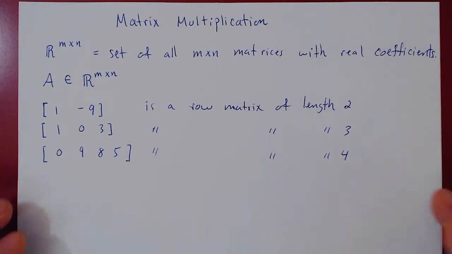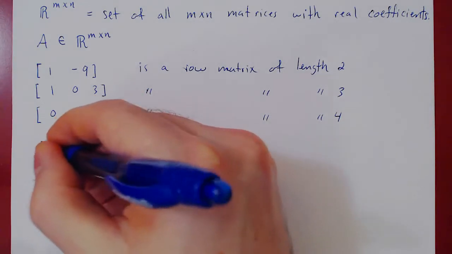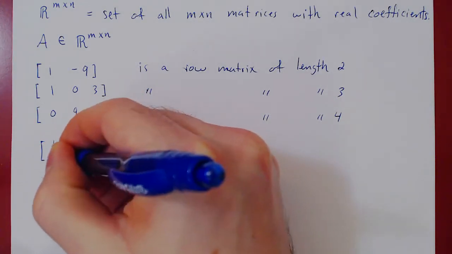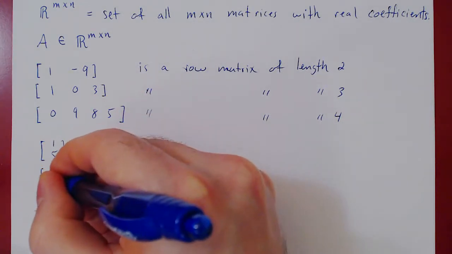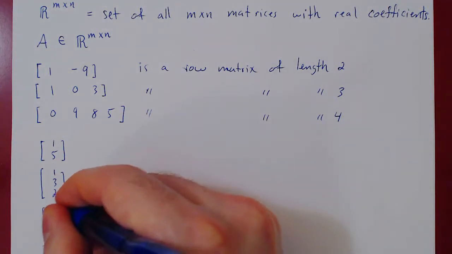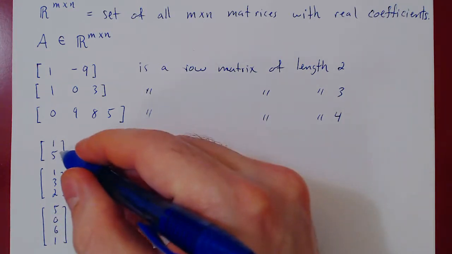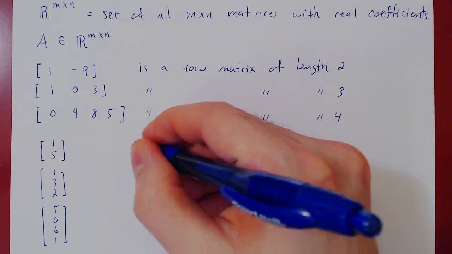And you obviously have the analog, column matrices. I could look at the matrix 1, 5, the matrix 1, 3, 2, and the matrix, say, 5, 0, 6, 1. Well, this is a column matrix of length 2.